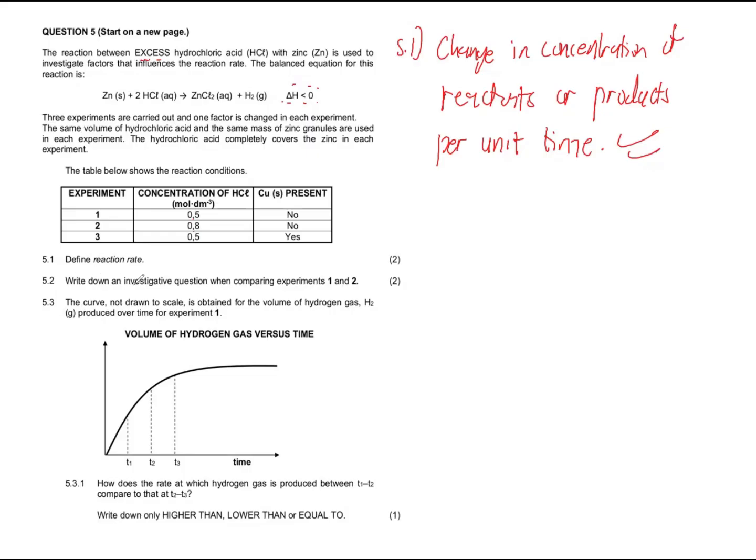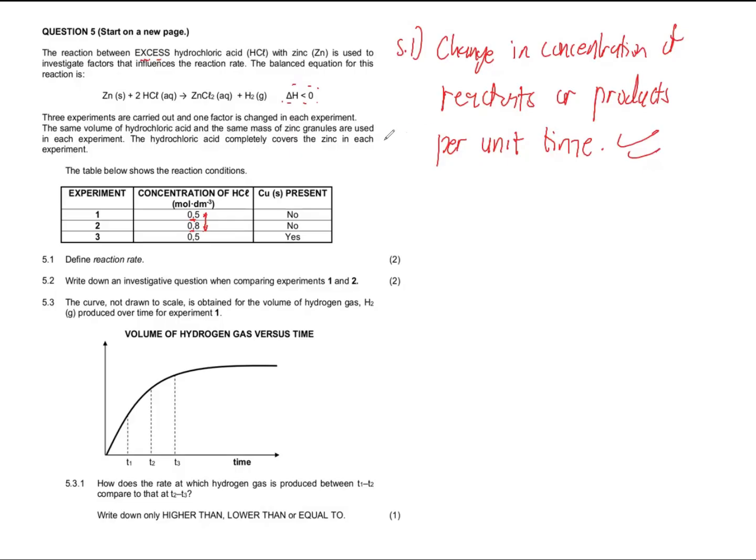Then 5.2 says write down an investigative question when comparing experiment 1 and 2. What would be the investigative question there? So when comparing 1 and 2, we can see that the factor that is being investigated there is what? Concentration. As we can see, our independent variable here is the concentration. It has been given in different amounts, right?